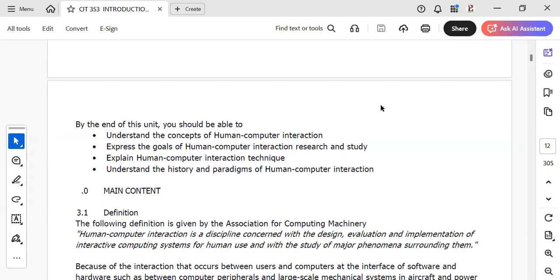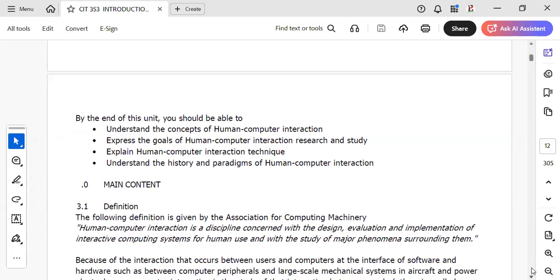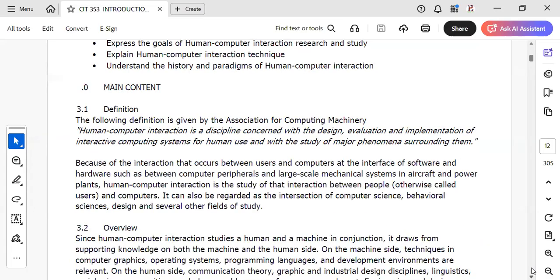So let's start with some definitions so that we even know what this human-computer interaction is. Let's see the picture clearly before we start talking about the techniques, the history, or blah, blah, blah. What does it mean to start with? What is HCI? Human-computer interaction.